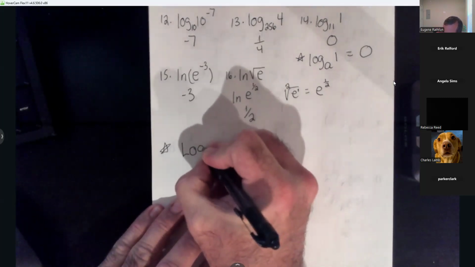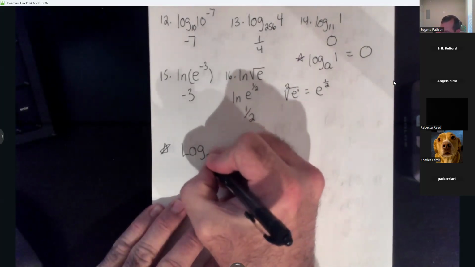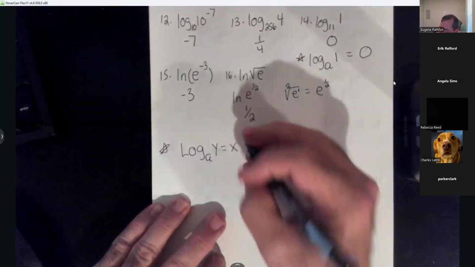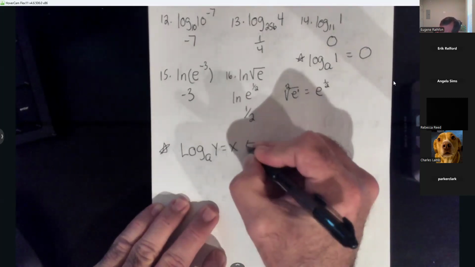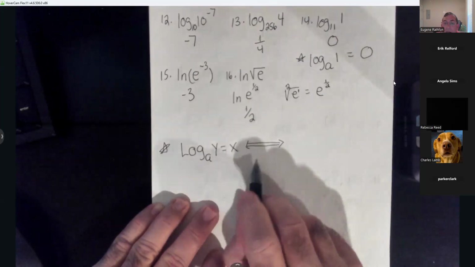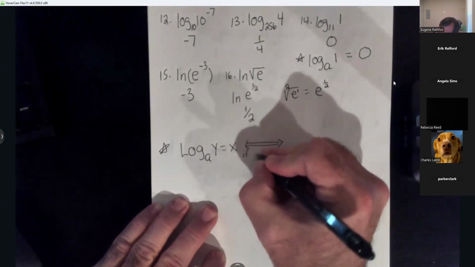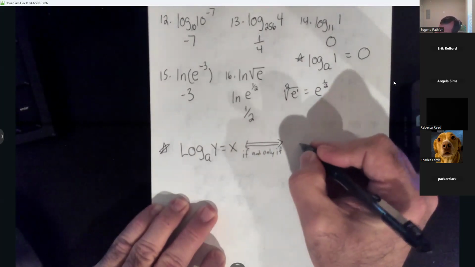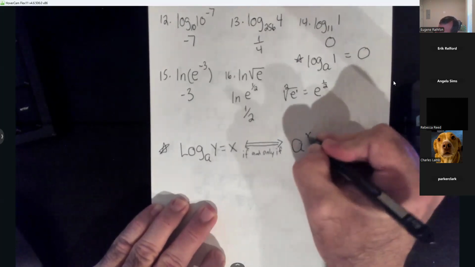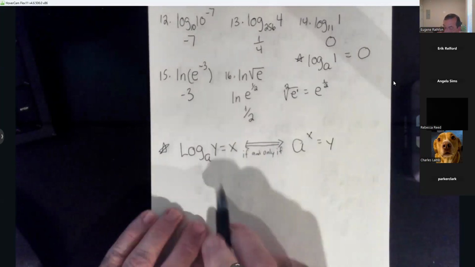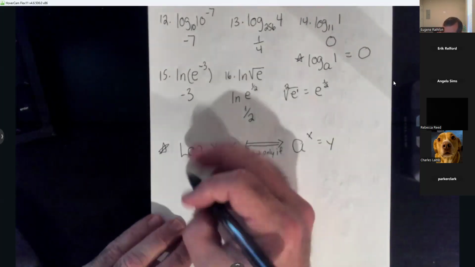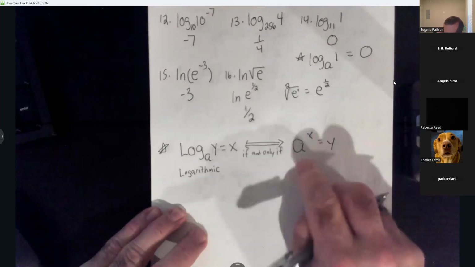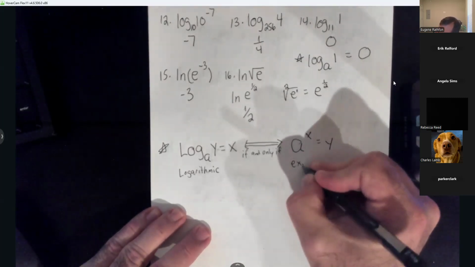It says if I got a log base a of y, if that equals x, then, this double-sided arrow means if and only if, a to the x equals y. So this is the logarithmic form, and this is the exponential form.